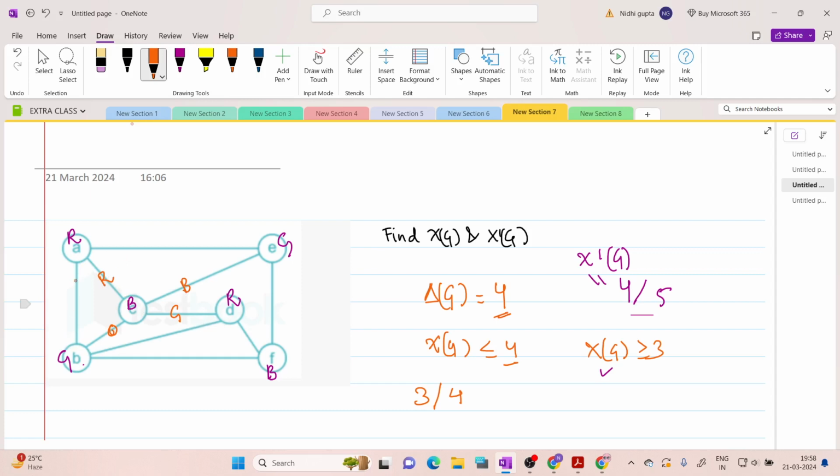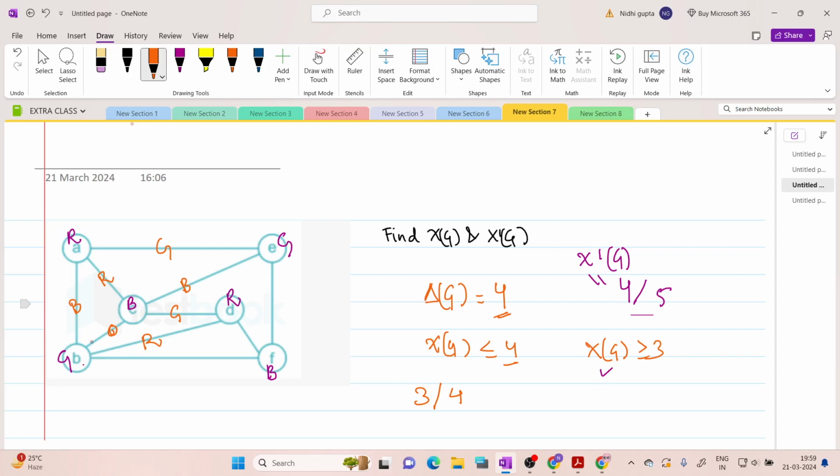So now what should we give to AB? We can either give blue or green. Without loss of generality, let's give it blue. Now what about this? We can give green or orange. Let's give it green for now. B to D, we can give red.